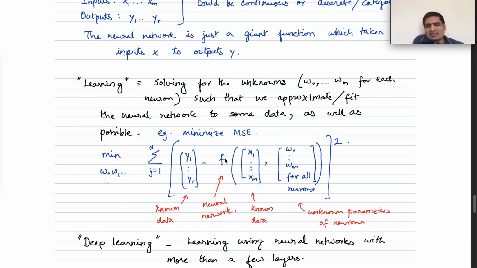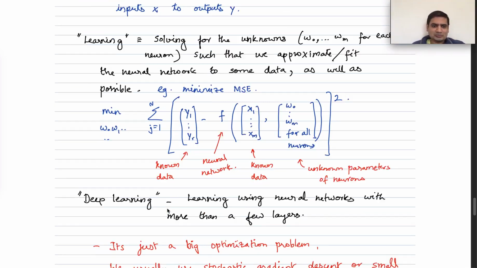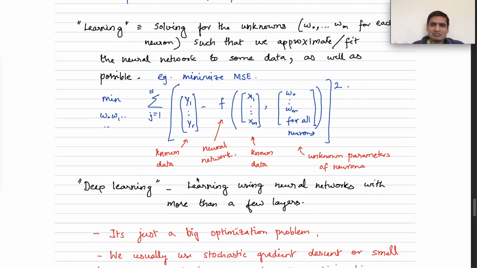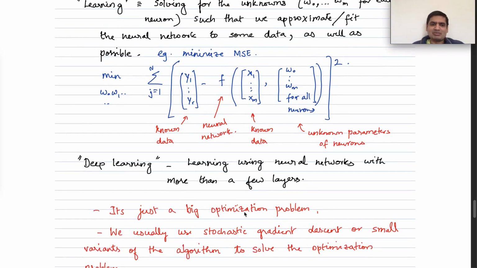And this function is basically our neural network, right? The neural network is a function, and this is the function. It's a function that depends on all the inputs and all the weights and biases for all the neurons, okay? And determining these given this and this by minimizing this whole thing is what supervised learning in neural networks is all about. So it's just an optimization problem. It's just a big optimization problem.